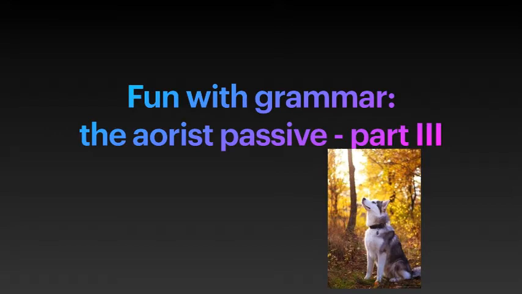I did one video on the strong and one on the weak aorist, and we thought we were done with that, and that's fair enough. But just like there are separate forms for the passive, there's going to be a separate form for the aorist passive as well. That's why it's part 3, because we've had two parts on the aorist before.